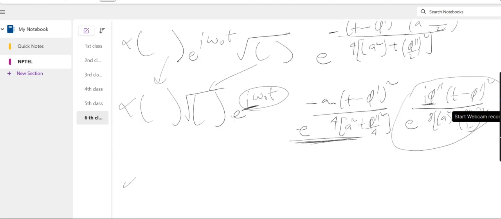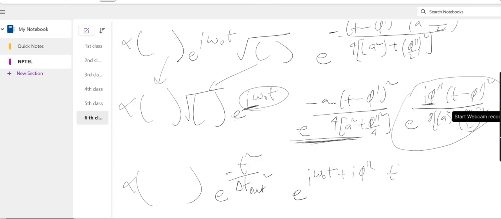So you can write it as minus t square by delta t out whole square, because delta t in was a different thing, and this is i omega t plus i phi dash dash.